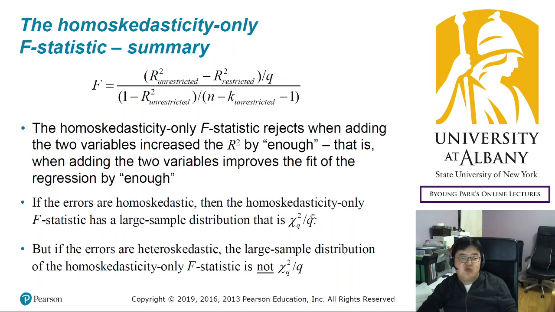We know the distribution is chi-squared divided by q, and all the theory follows from the earlier results. The threshold and the distribution are the same.